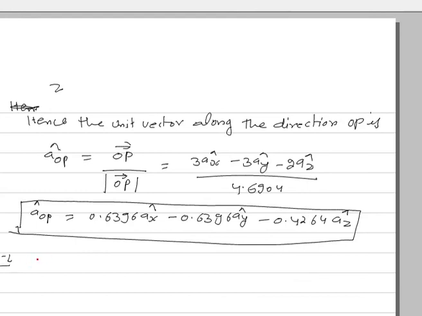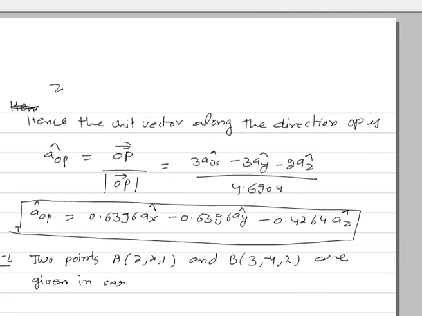Example 2: you are given 2 points, A, which is 2 2 1, and another point B, which is 3 minus 4 2, in the Cartesian system.